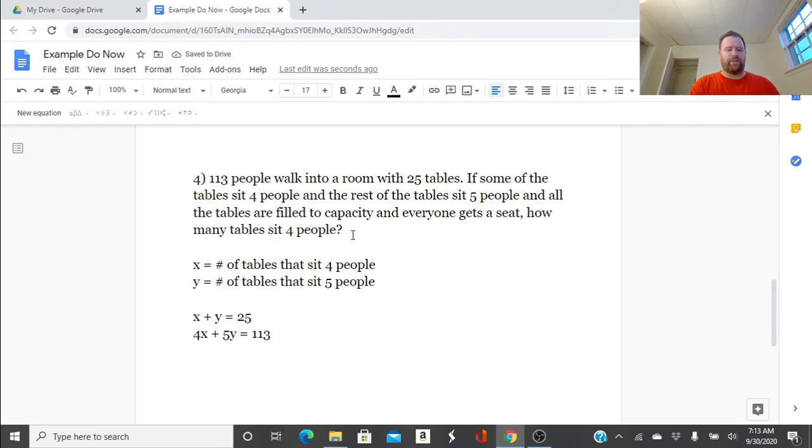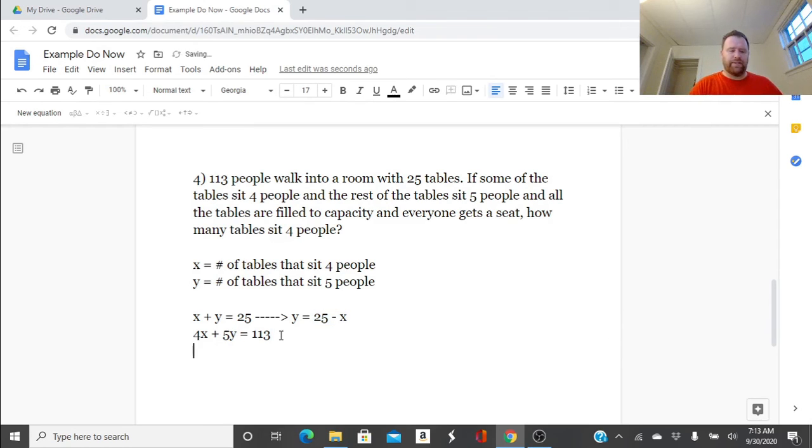Now again, we're solving for x, so I'm going to take this here and change it to y equals 25 minus x by subtracting x from both sides. And I'm going to take this value, 25 minus x, and put it in for y here.